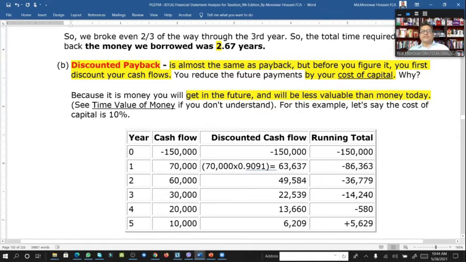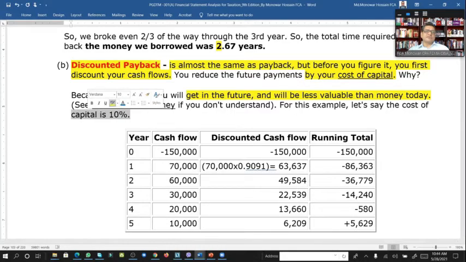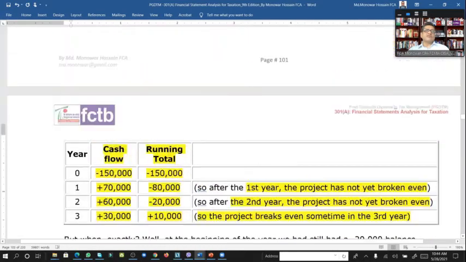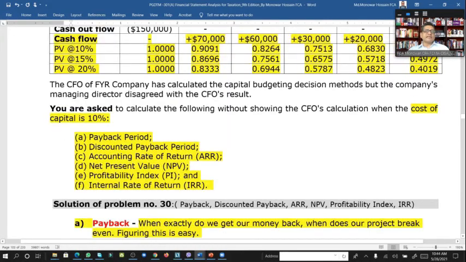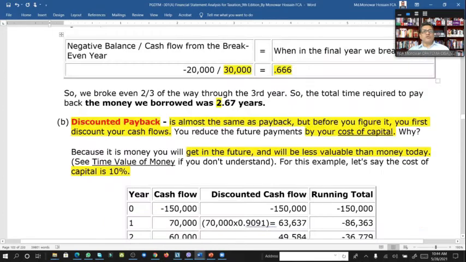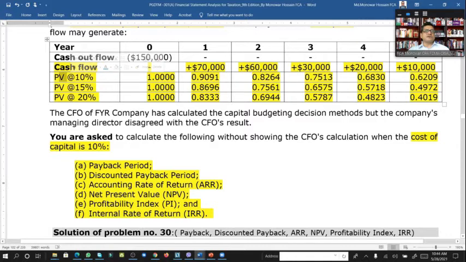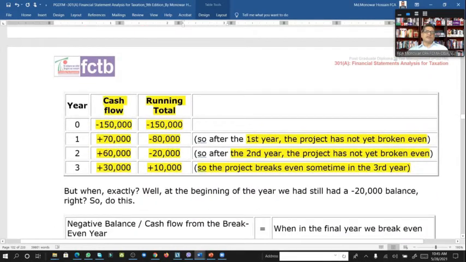If you understand, for example, let's say the cost of capital is 10%. Your question also says that the cost of capital is 10%. The PV factors at 10% are also given in our question, from 0.9091 in year 1 up to 0.6209 in year 5. We will calculate with these.